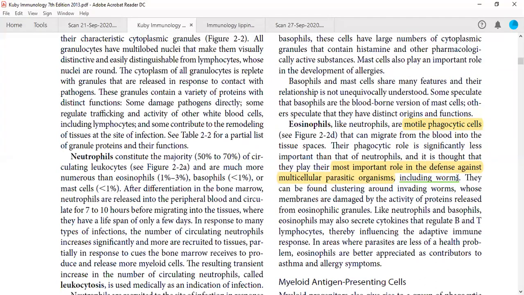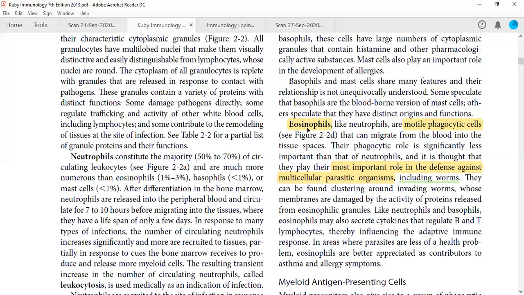So if there is a worm infection, or worms are present inside our body, these eosinophils will work against these multicellular organisms. These are not microbes; in fact, worms can have a size which can be seen by the naked eye.